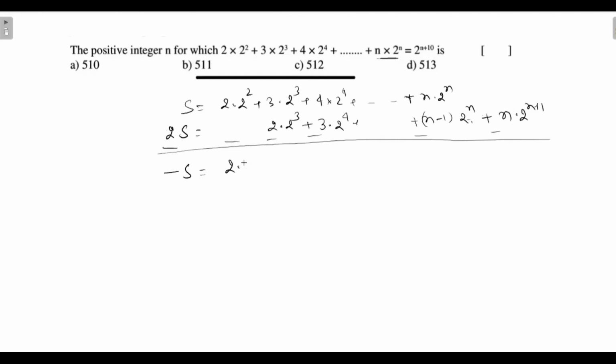This will become 2 into 2 square. 3 into 2 to the power cube minus 2 into 2 to the power cube will be 2 cube. 4 into 2 to the power 4 minus 3 into 2 to the power 4 will be 2 to the power 4. It will keep on going, and at the end this will be n minus 1, 2 to the power n, so minus n into 2 to the power n plus 1.